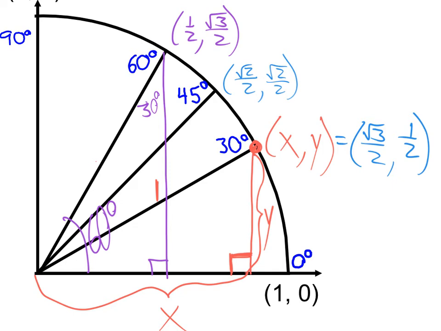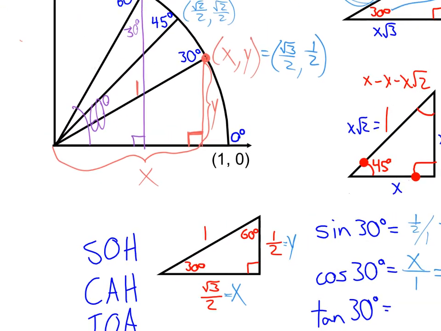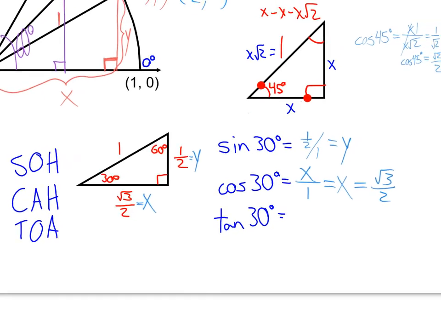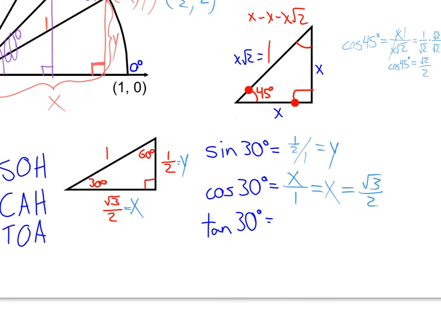Now, we saw down here that with the 30-degree angle, sine ended up just equaling the y coordinate, and cosine ended up just equaling the x coordinate. And that's the beauty of the unit circle. That's consistent for all of the angles.